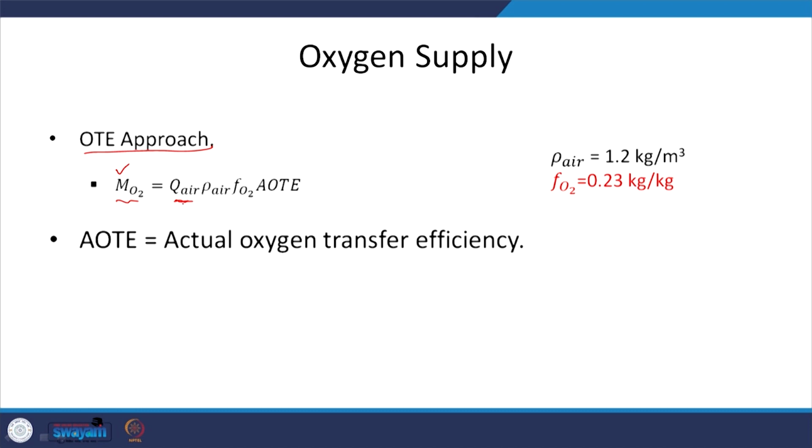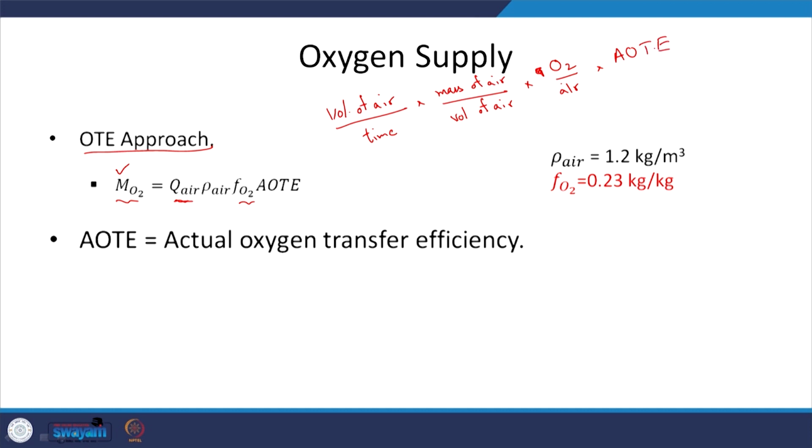This is the flow rate of air, as in volume of air with respect to time, the density of air, as in mass of air per volume of air, and the fraction of oxygen in air, that is, mass of oxygen per mass of air, into the actual oxygen transfer efficiency.